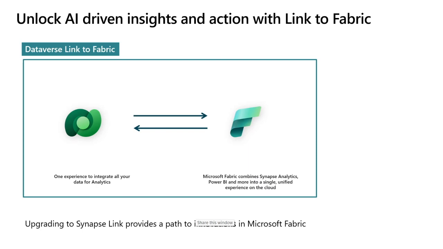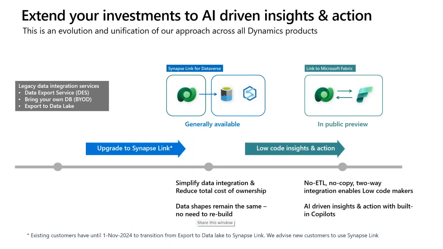One of the things we talked about is how you transition, and what the steps in this transition are. The first and most important thing is to upgrade to Synapse Link. You might be using Data Export Service, BYOD, or Export to Data Lake. By upgrading to Synapse Link, the one experience for working with your data, you are simplifying your data integration and also reducing a whole lot of TCO, total cost of ownership.